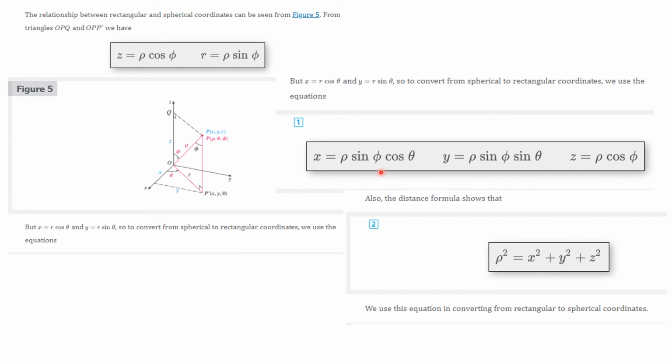So we now have x, y, and z in terms of rho, phi, and theta. And we also have that rho squared is equal to x squared plus y squared plus z squared by the distance formula. So these are the equations that we use to employ spherical coordinates.